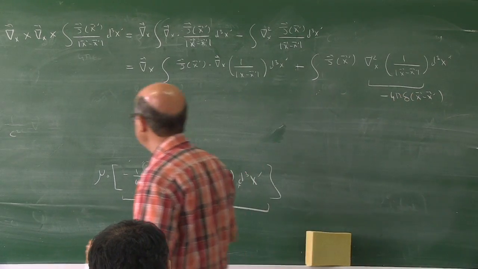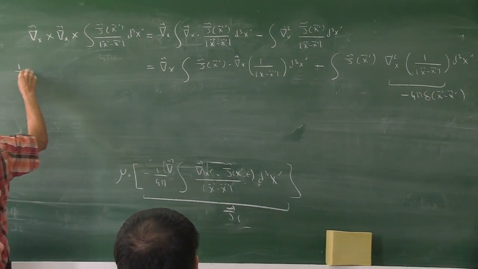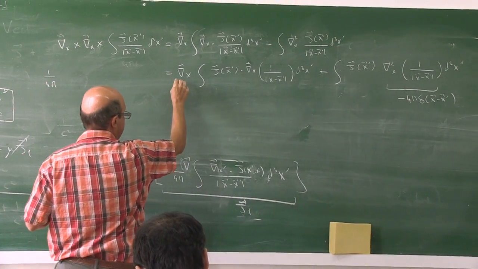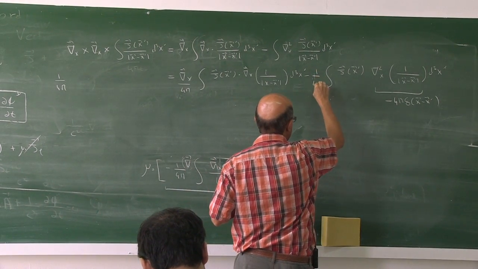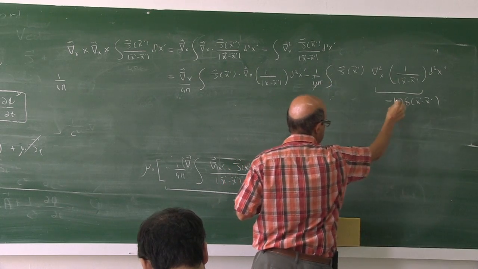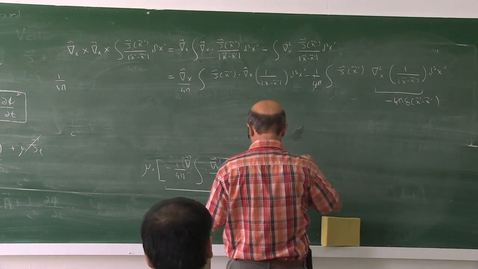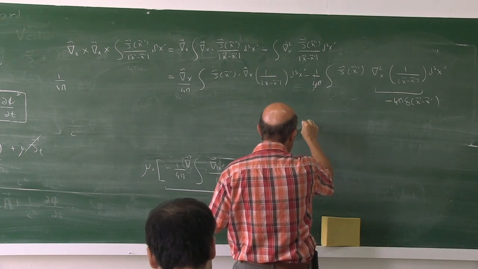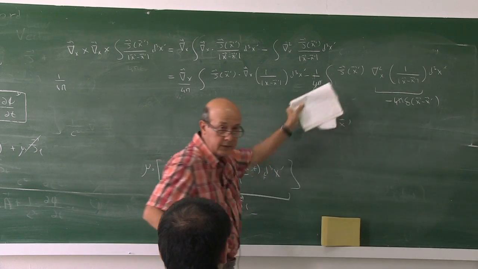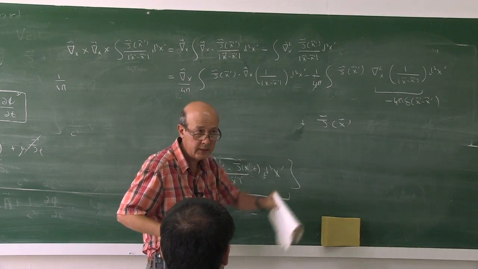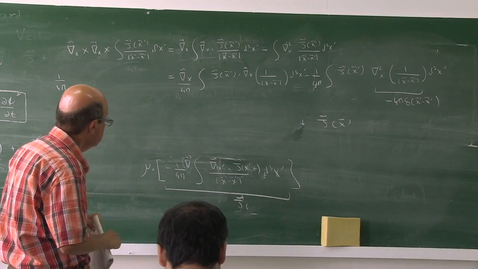So if I multiply everywhere with 1 over 4 pi, this will be cancelled. And this all together becomes as what? Plus current density. This piece, right hand side, is the current density.